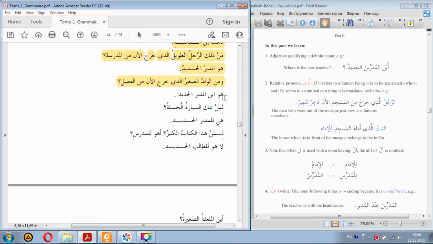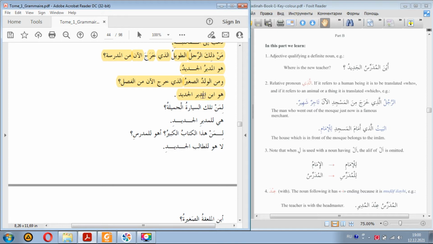هو ابن المدير الجديد. هو ابنه, don't forget it's hamzat al-wasl, and therefore it's not pronounced. هذا ابن المدير الجديد. المدير, it's man'ut, it has kasra in the end because it's mudaf ilayh.